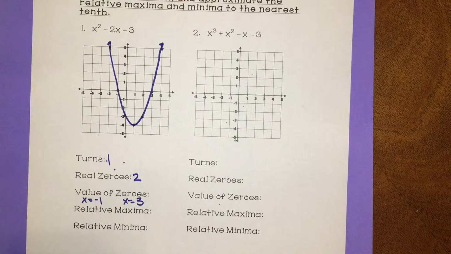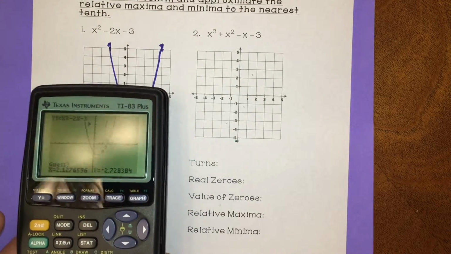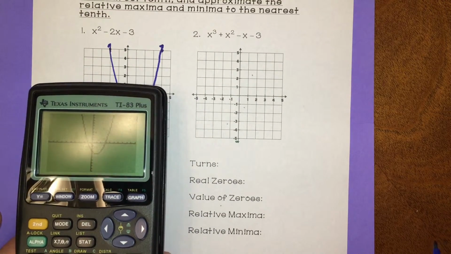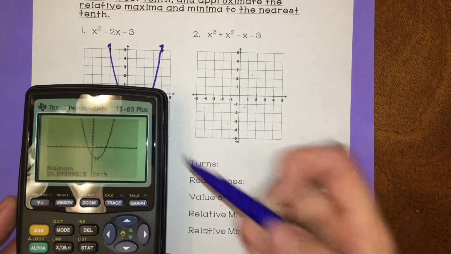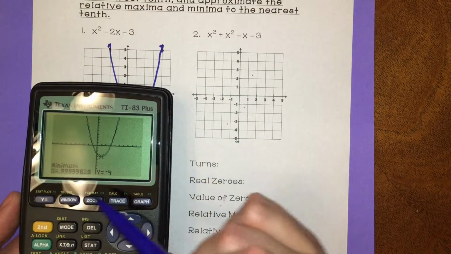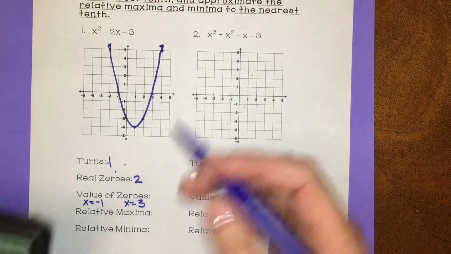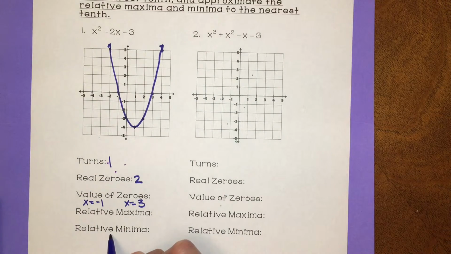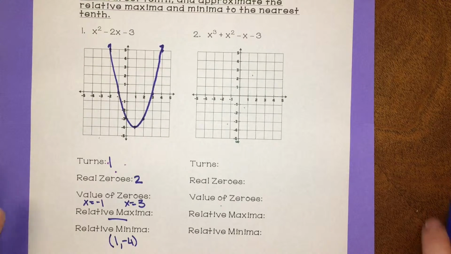And you can use the function on your graphing calculator to help you out with that. So practically 1, if we round this, 1 comma negative 4 is the value of our minima. And there was no maxima.